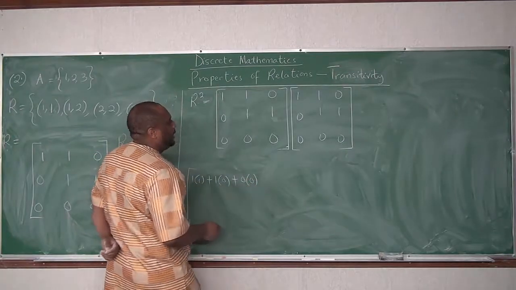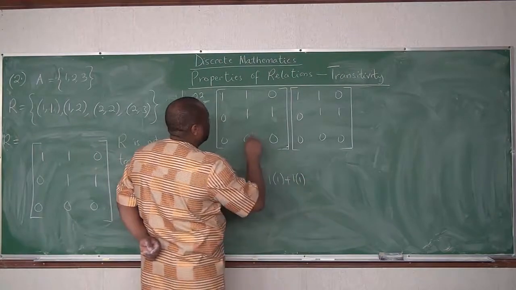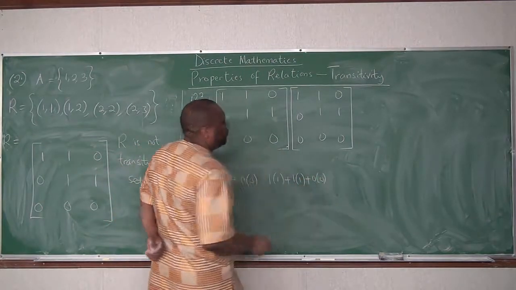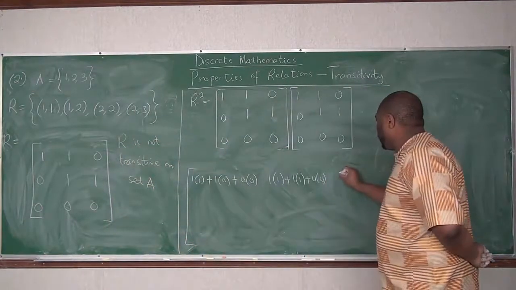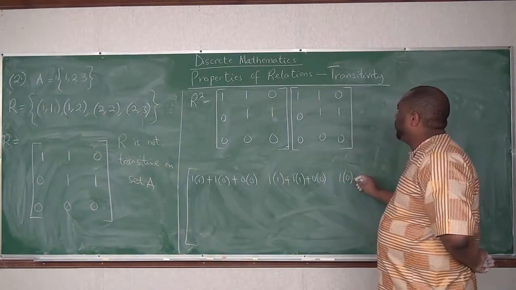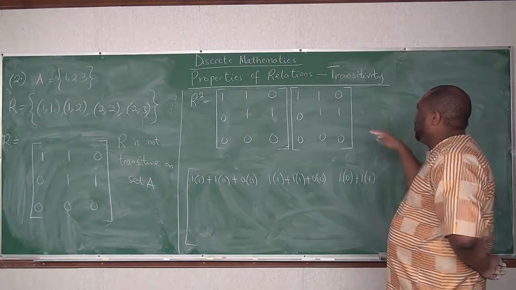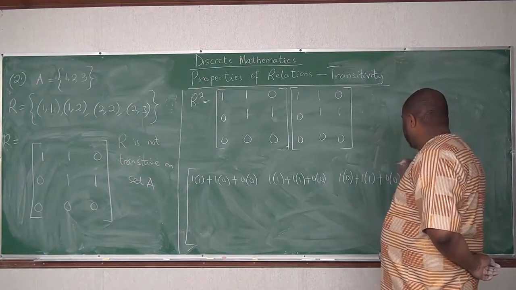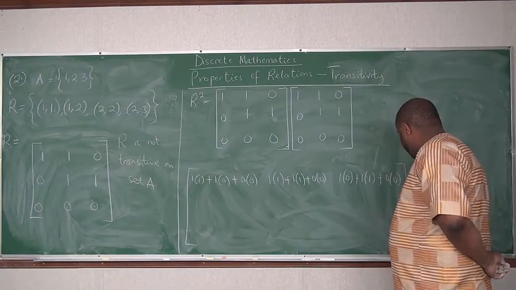You break. Then 1 times 1 plus 1 times 1 plus 0 times 0. You break. Then 1 times 0 plus 1 times 1 plus 0 times 0. You close.